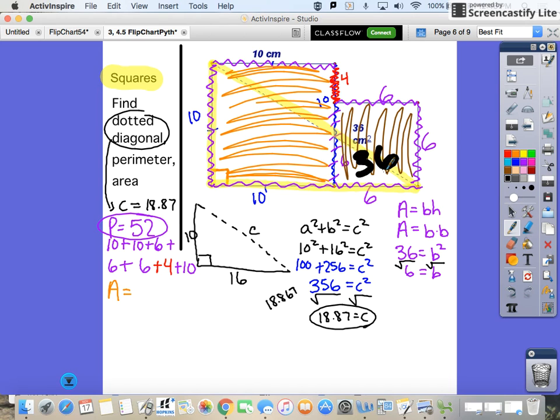The area of this one is base times height, 10 times 10, which is 100. So the area together of the two is 136. We'll go centimeters squared. We'll just pick a label to put on these.